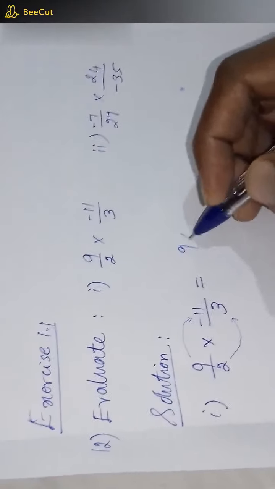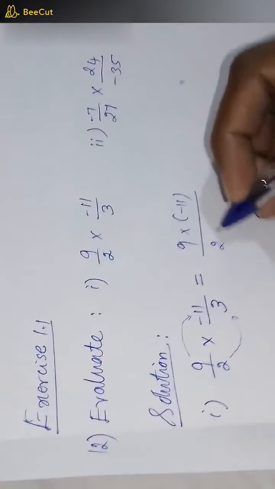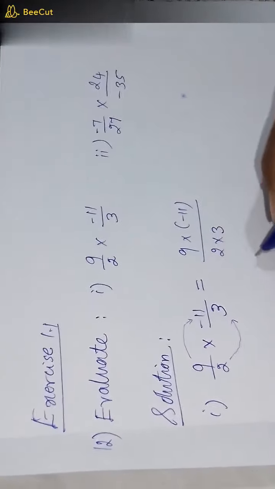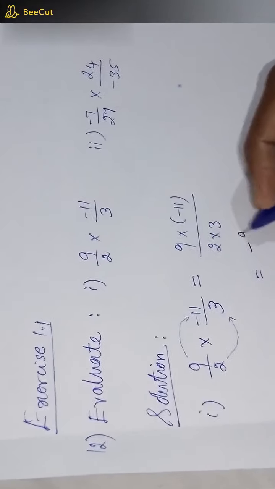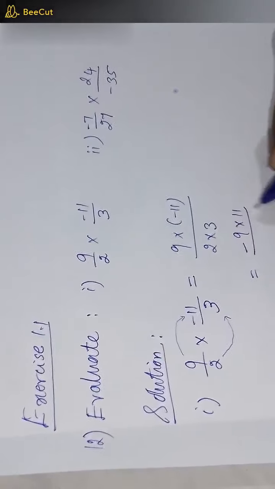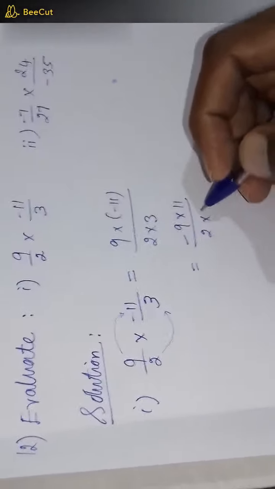Okay, that is 9 into minus 11 divided by 2 into 3. So that can be written as minus 9 into 11, we can take this minus in front, divided by 2 into 3.